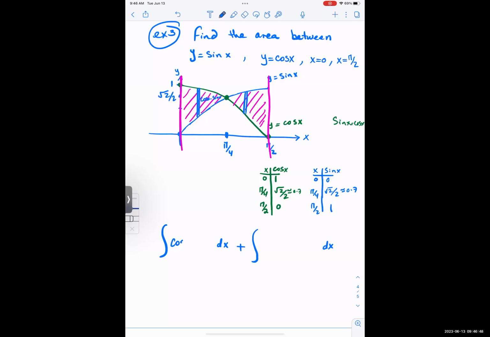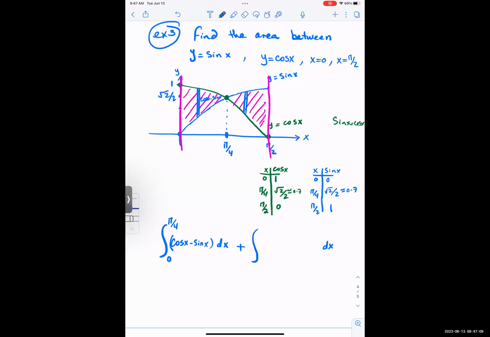So I have cosine x minus sine x dx. And then my beginning point is 0. My ending point is pi over 4. Agreed? Do you see it clear?